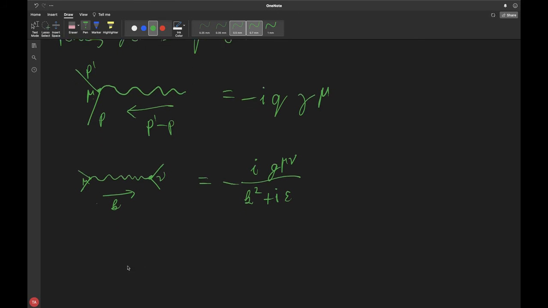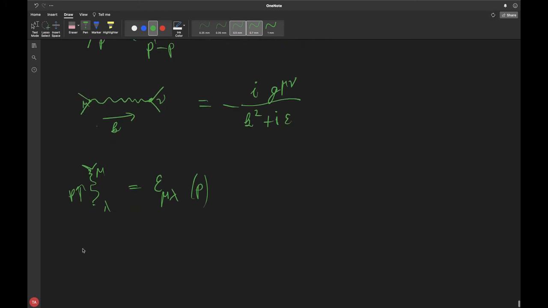And then when we have the incoming photons with p momentum, that's going to be described with this polarization vector epsilon mu lambda, because this was the mu index and that carries p momentum.